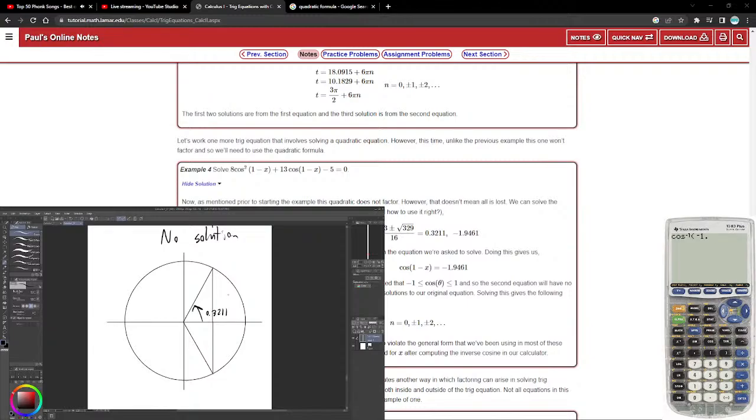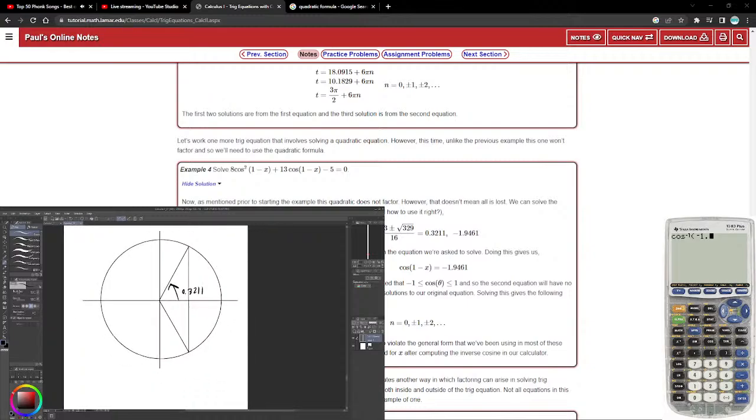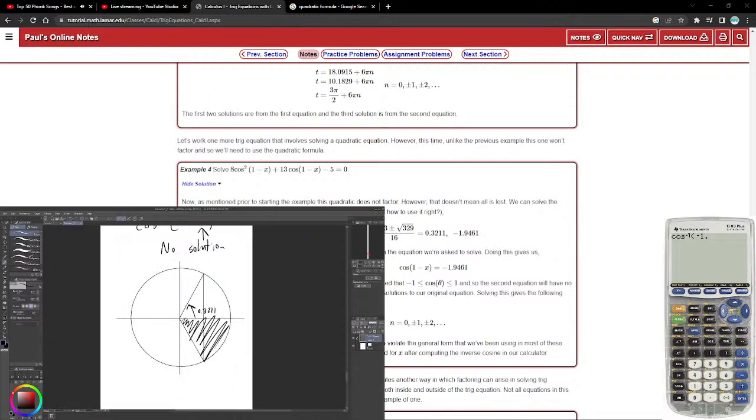What do I want to do to find the other angle? Alright, well that would be trying to find this, which is also 0.3211.